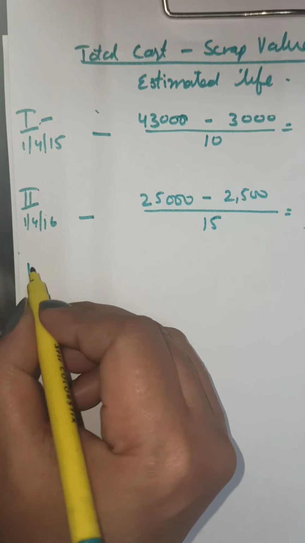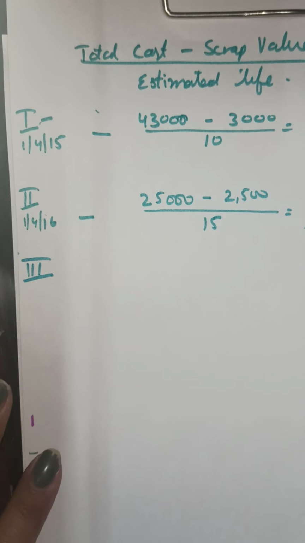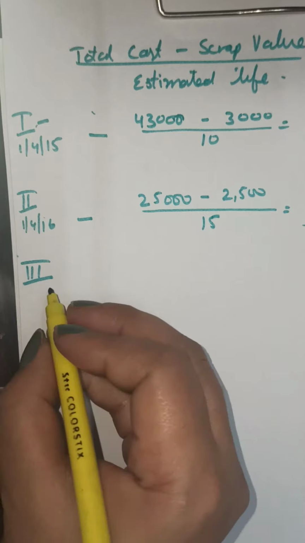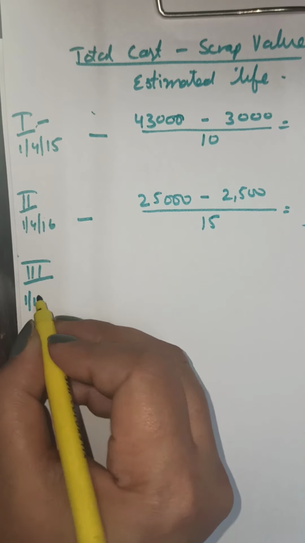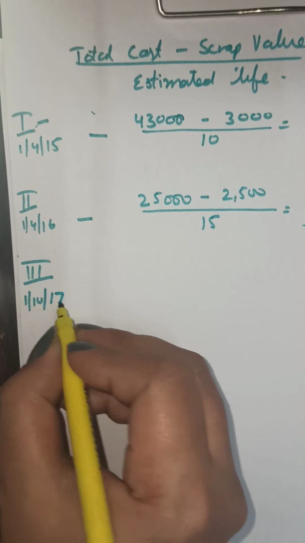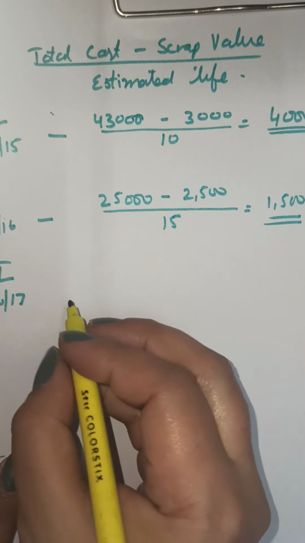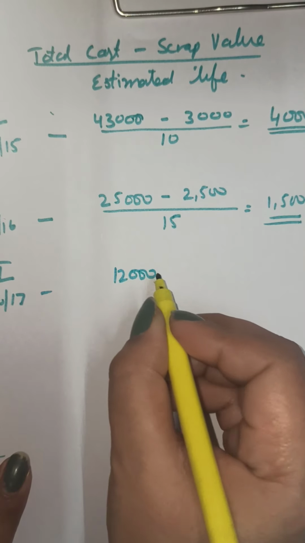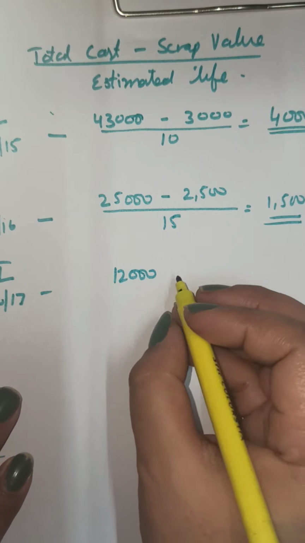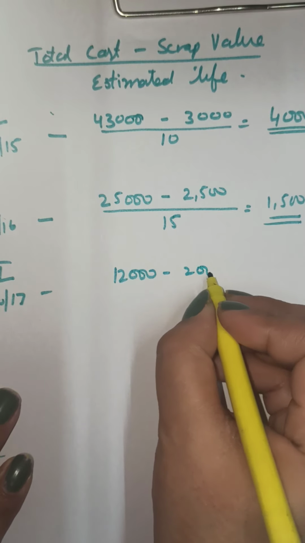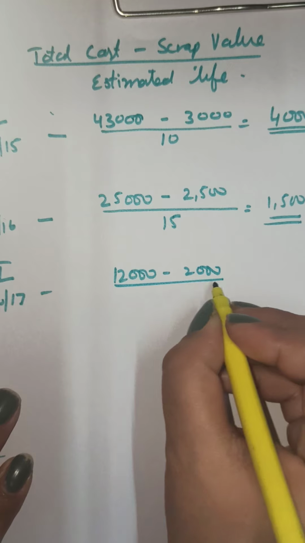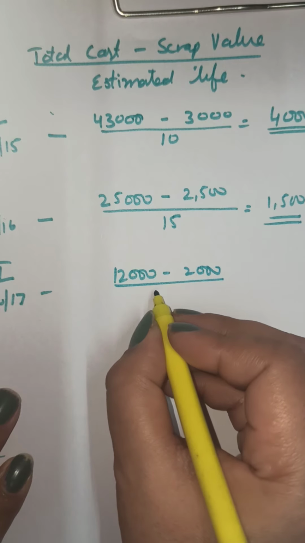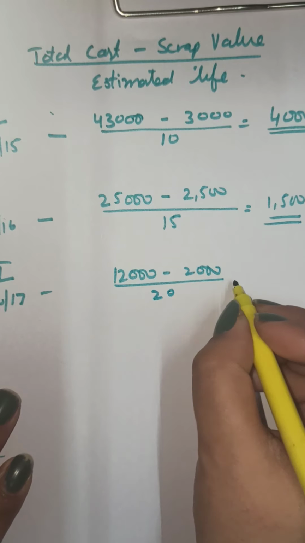The third asset now, there are 3 assets in this question. The third asset is purchased on 1st October 2017. A new machine is purchased for rupees 12,000, of which the scrap value is 2,000, and the life of the asset will be 20 years.